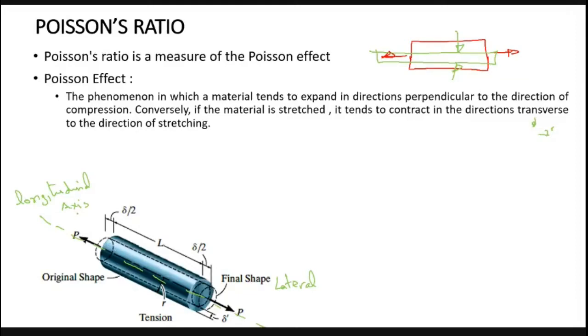Okay? So Poisson's ratio says that you have strain in the longitudinal axis and also strain in the lateral axis. For example, this is a circle; it has a diameter, and it has a length. So the strain in the longitudinal axis is change in length by original length.